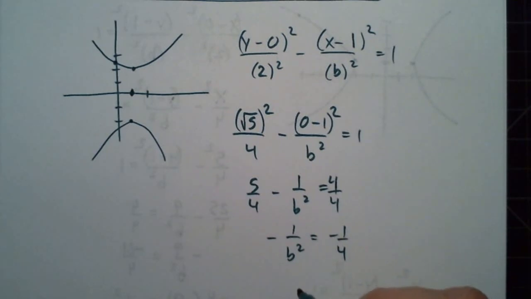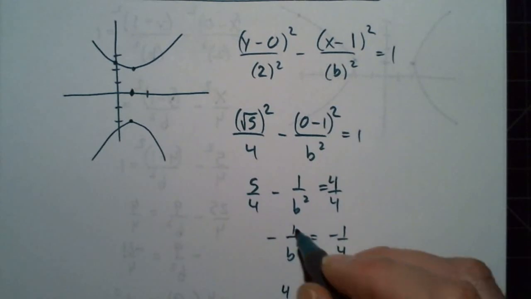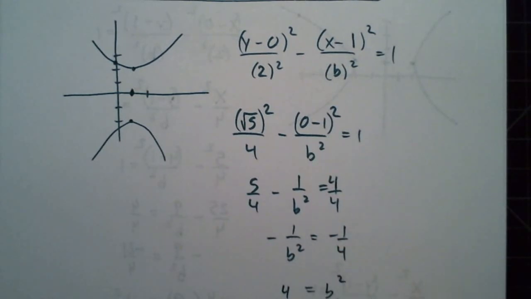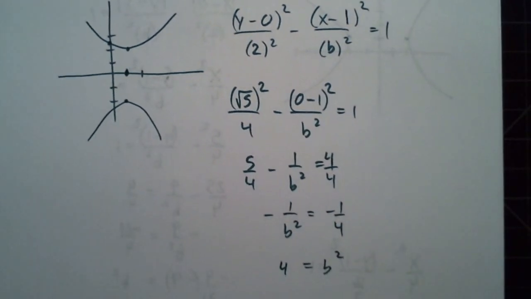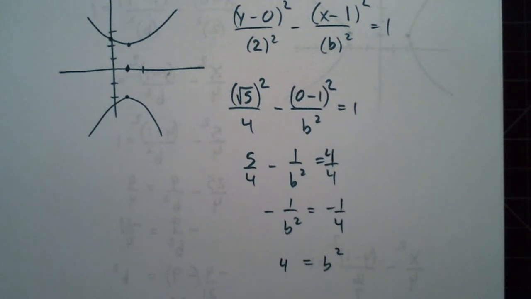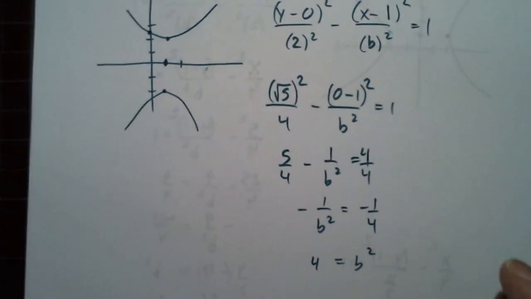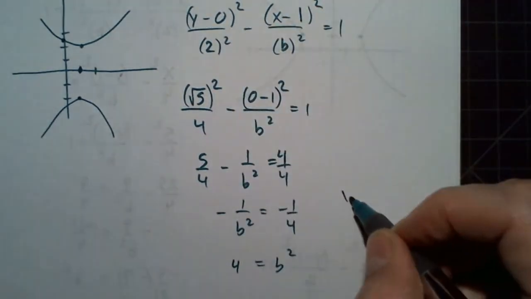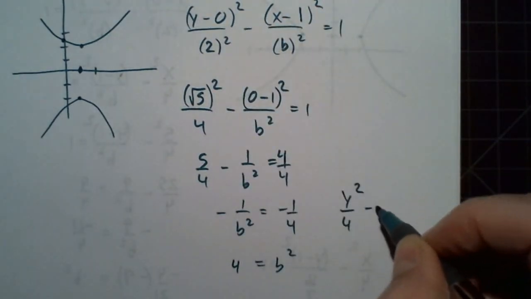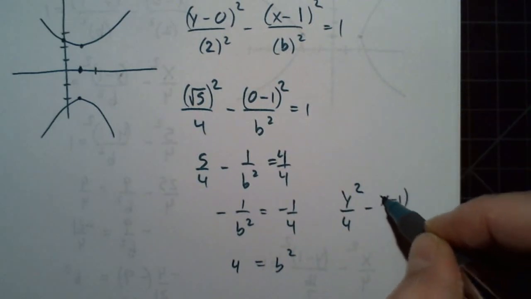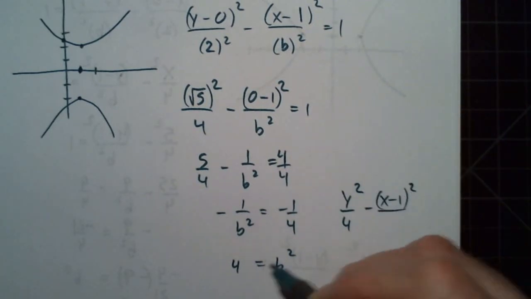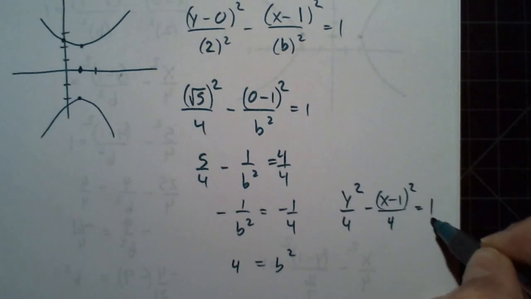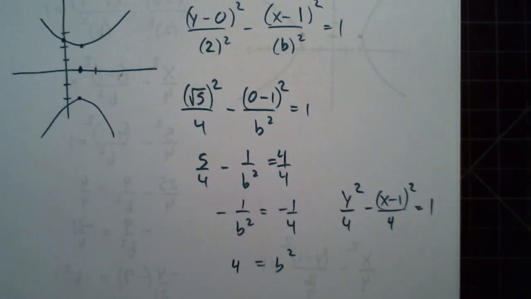So multiply both sides by 4, negative 4, we'll get 4 up here, and multiply by b squared. So b squared equals 4, b equals 2, and we're going to write the equation. y squared over 4 minus x minus 1 squared over 4 equals 1. And that's the end of this lesson.